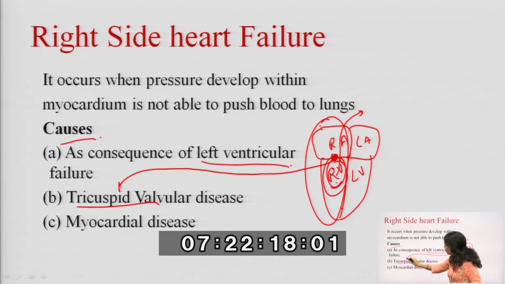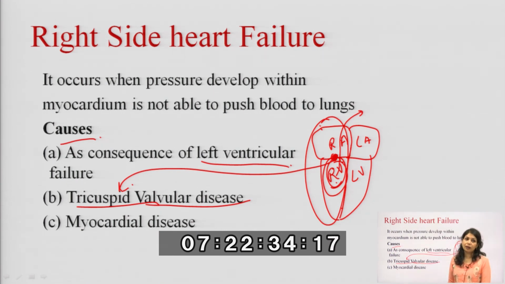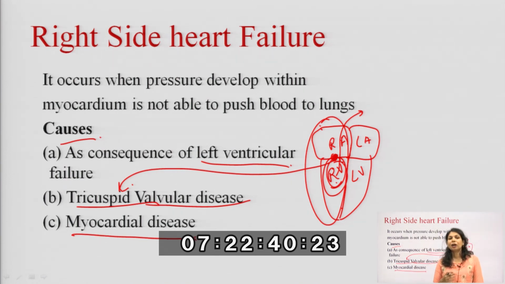When there is a tricuspid valve disease, the blood is not able to flow from the right auricle to the right ventricle, and this will ultimately lead to right side heart failure. Or a patient is suffering from any myocardial disease. Myocardial inflammation is there, so the heart pumping is affected.